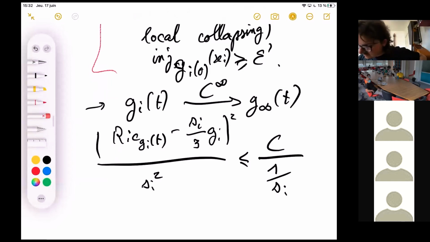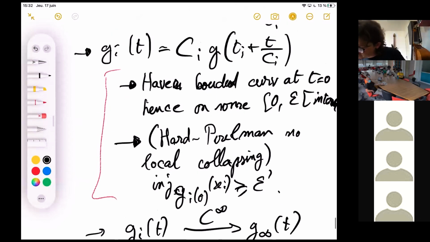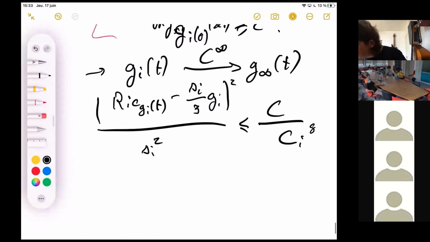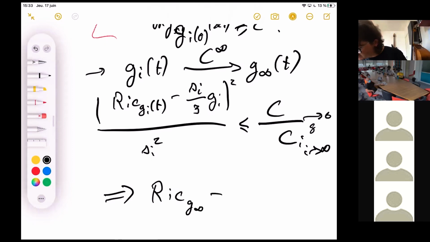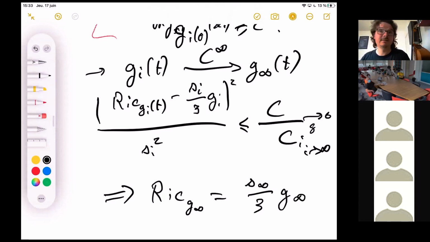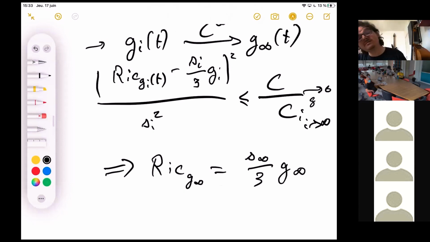So this on the left is scale invariant, and then you have to look at what the scalar curvature becomes. Basically it's of the order of ci to the power delta. And so this is going to 0 as i goes to infinity. And that implies that Ricci of g infinity is equal to s infinity over 3 times g infinity for every t. And from there you see that the limit is Einstein.